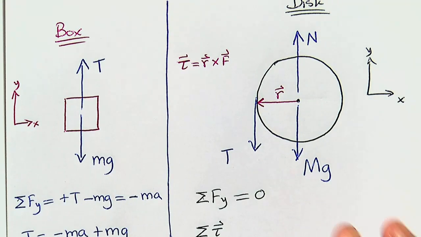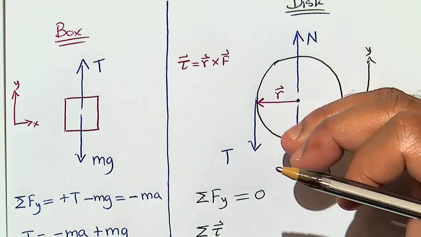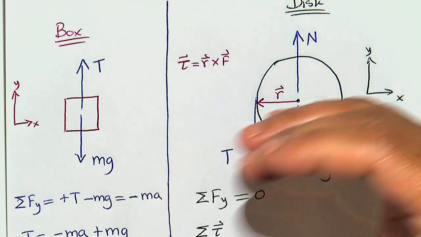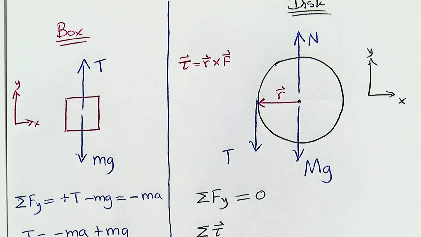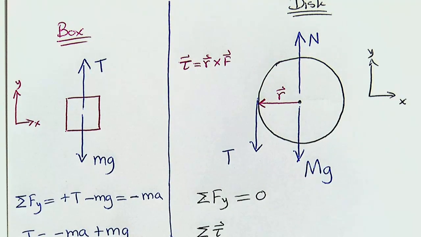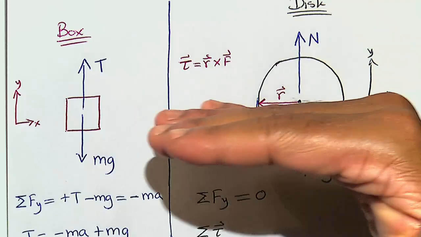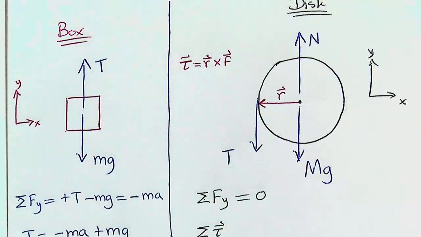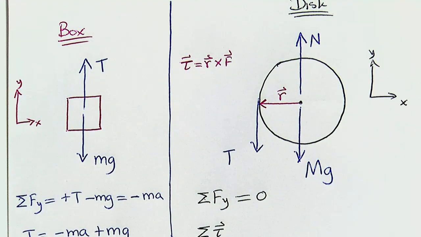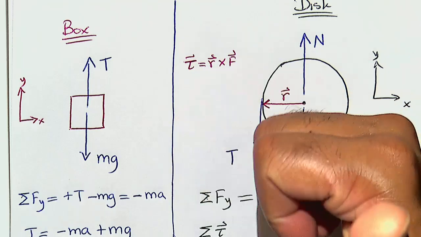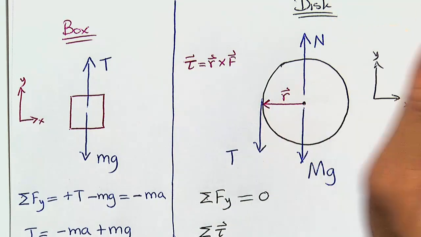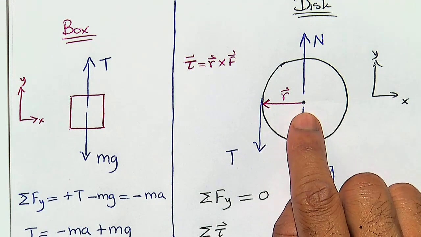These are all vectors, of course, but this is our R. So we do R cross F, and your thumb points towards you, up from this page. So hopefully you're practicing your right-hand rule. R cross F, thumb up, thumb towards you. That's the direction of the torque.